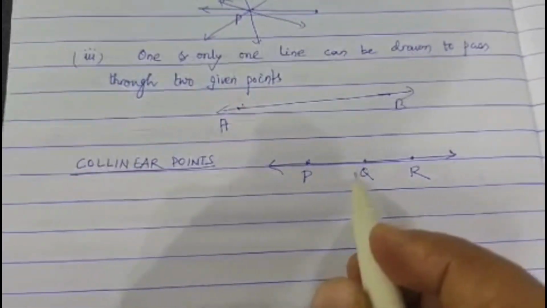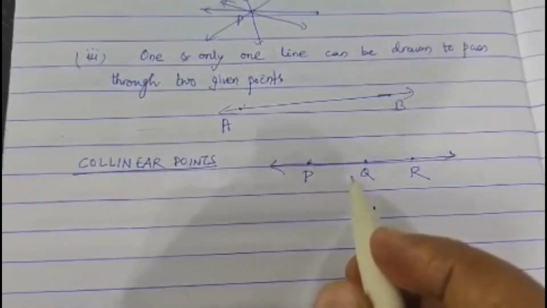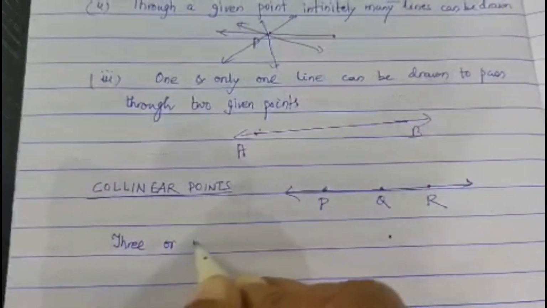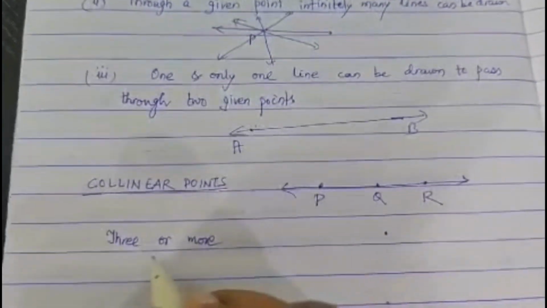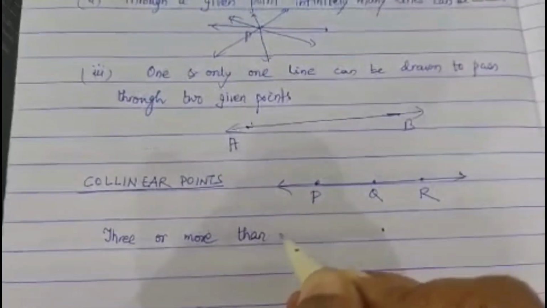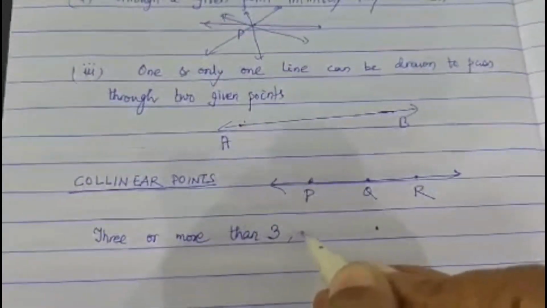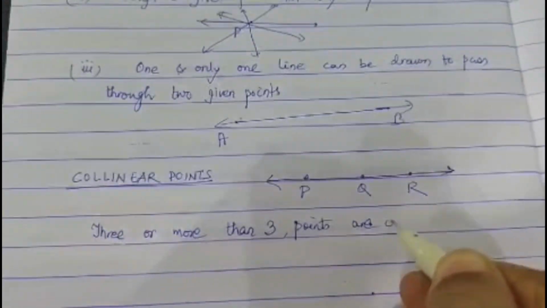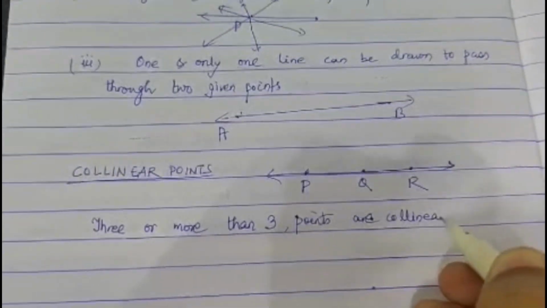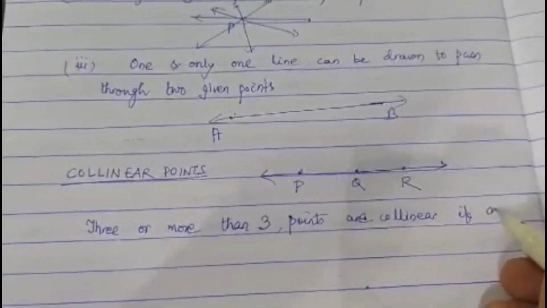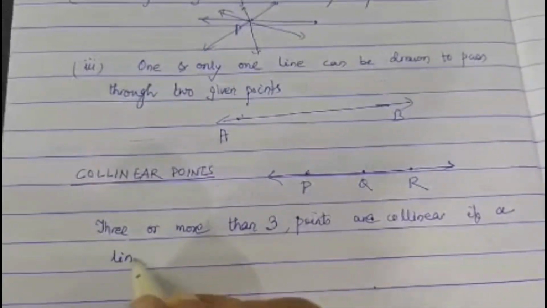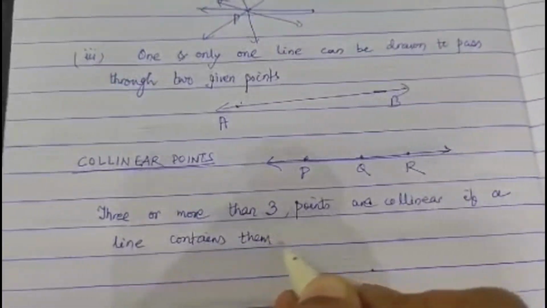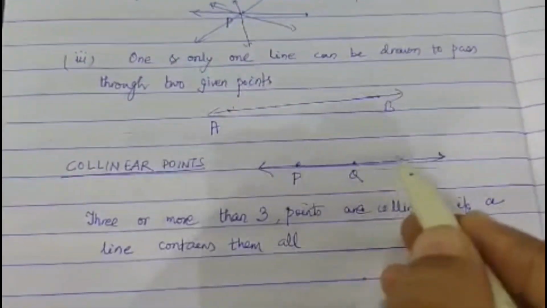So 3 or more than 3 points are said to be collinear if there is a line which contains them all. 3 or more than 3, because 2 cannot be possible. This line is containing them all.